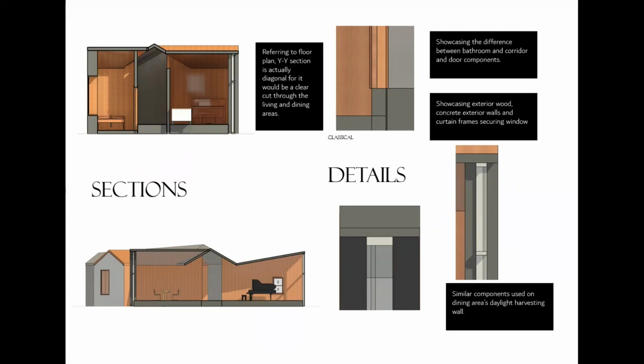The details are mostly on the bottom, showing to a scale of 1 to 10 the curtain systems of the walls that are protruding the dining and the performance area. As you can see, all my rooms usually take in a wooden highlight with a steel frame.